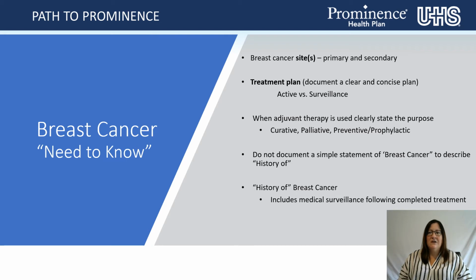When adjuvant therapy is being used, your documentation needs to clearly state the purpose of that therapy. Is it curative, palliative, preventative, prophylactic? Do not document a simple statement of "breast cancer" to describe history of breast cancer. And a history of breast cancer includes medical surveillance following completed treatment.